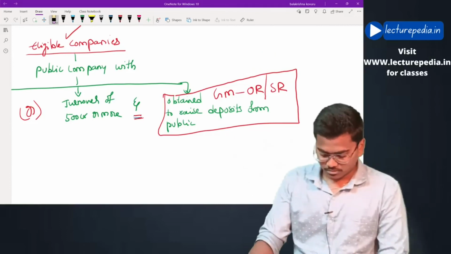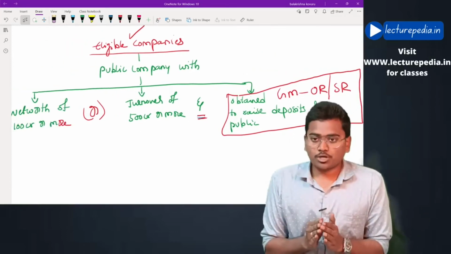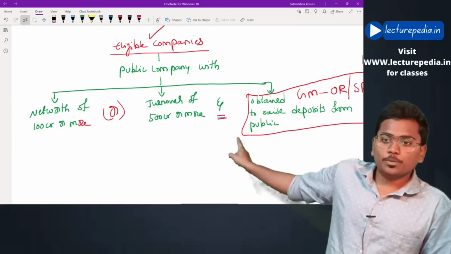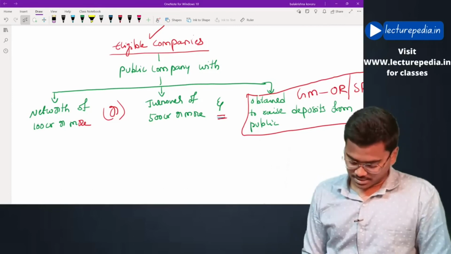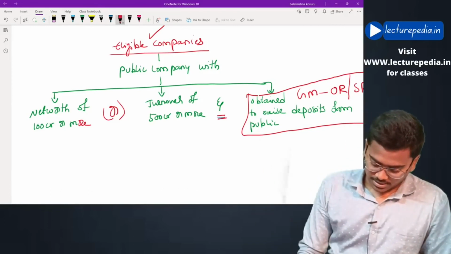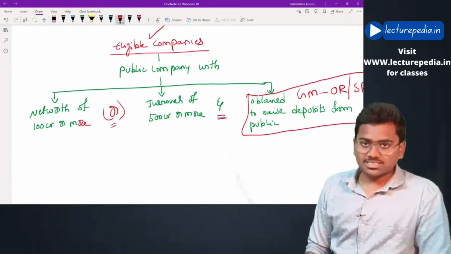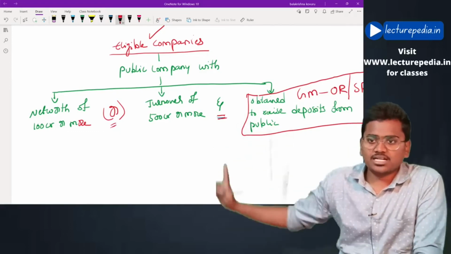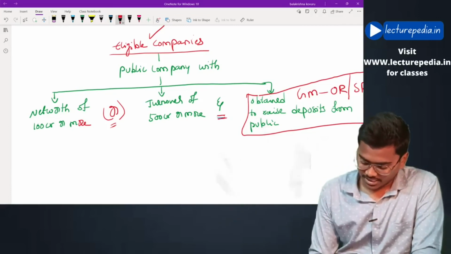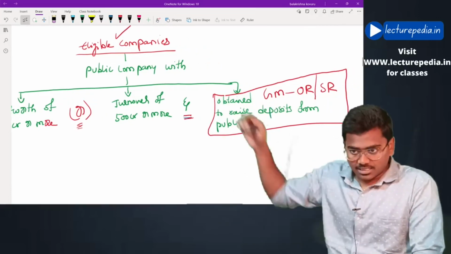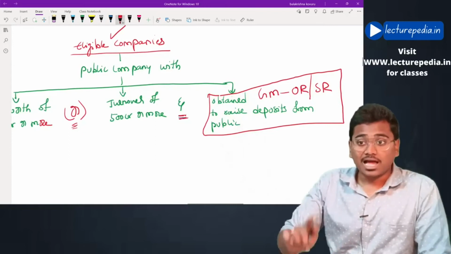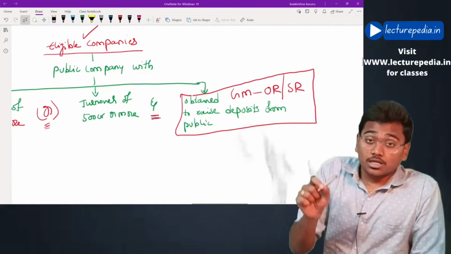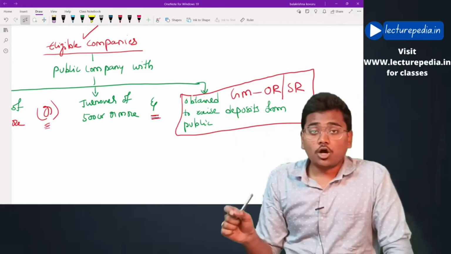See, all the points that we have discussed till now are same, just that you make this correction of replacing and with or. That means any one of these conditions has to be satisfied, either net worth condition or turnover condition, and here it should be and approval of general meeting through special resolution or ordinary resolution.